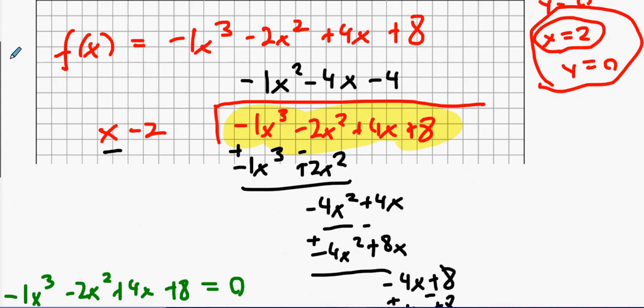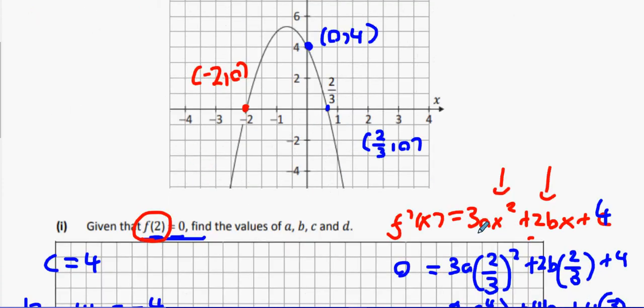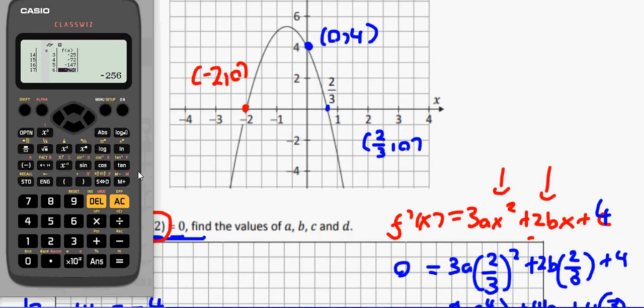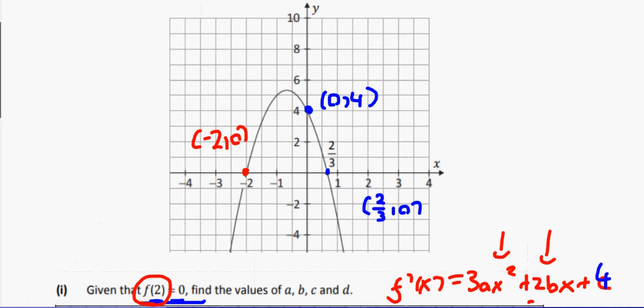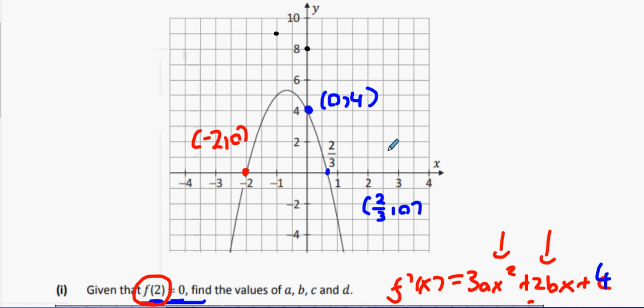So when you draw your graph, here's what's going to happen. Well, we already know how to draw it roughly. Alright, so 0, 8. Minus 1, 9. 2, 0.